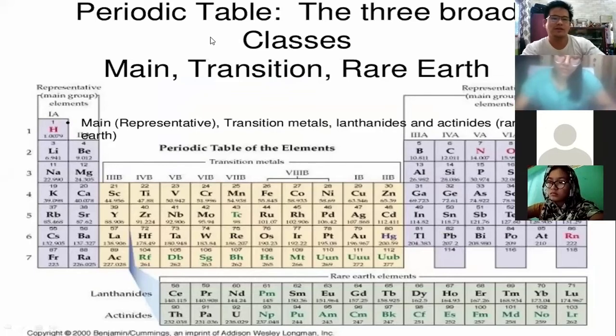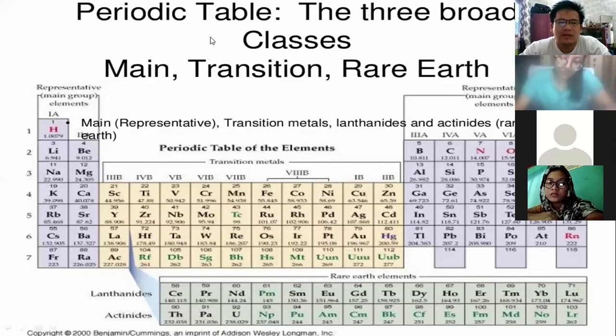The first is the main group, that is also called the representative elements. These are the S block and then the P block. P block is mainly group 13 to 17, along with the alkali and the alkaline earth metals. These are called the main class of the modern periodic table.